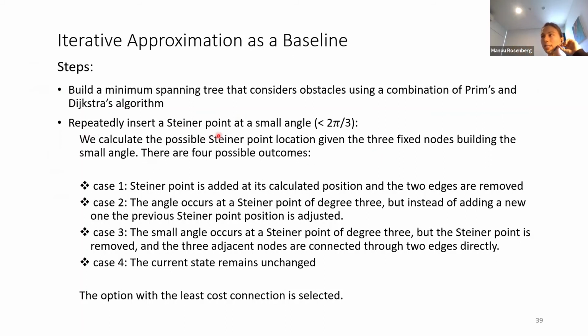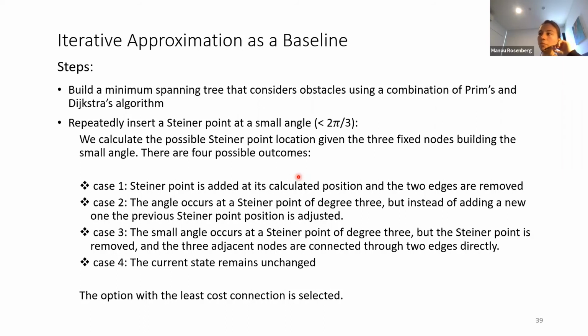And then we repeatedly insert a Steiner point at the small angles, similar to what we have done before. Now we have 4 different cases that we need to consider. Either a Steiner point is inserted and the position is added, and then the 2 edges that built this angle before are removed. But it could also be that the Steiner point would be inserted into a solid obstacle this way, and then the Steiner point is not introduced.